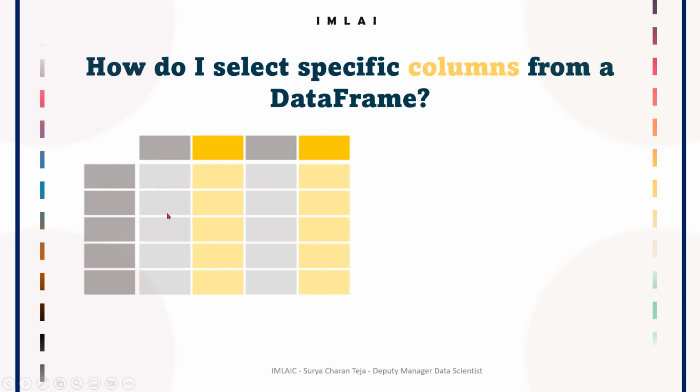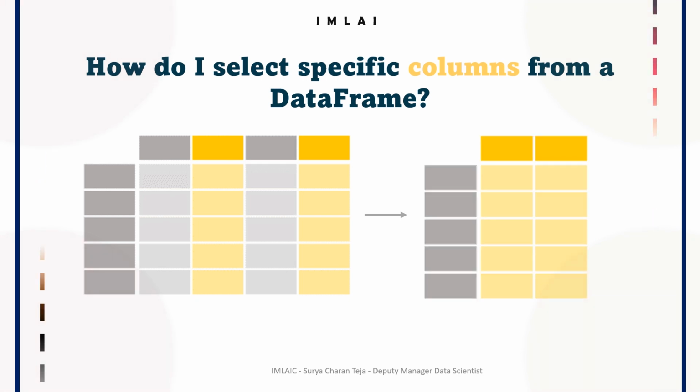Out of this whole data frame, I want to take number 2 and number 4, these two series, and extract only these two columns. For that, we have to know the series label of both series. If you know the series, we can do the indexing. Okay, we will do that.